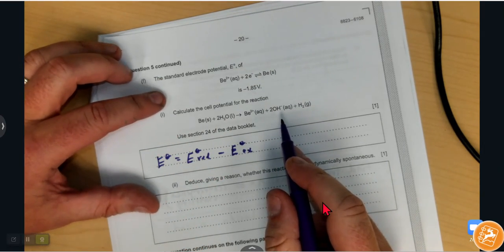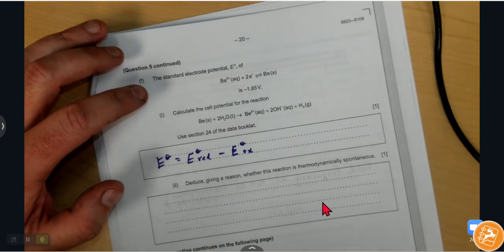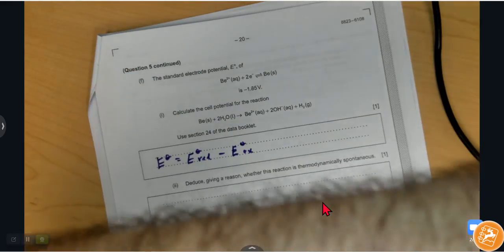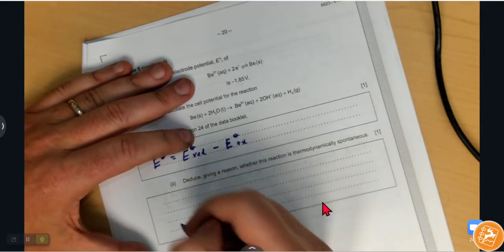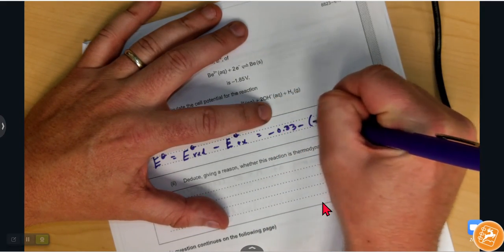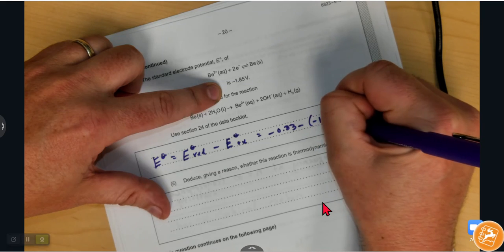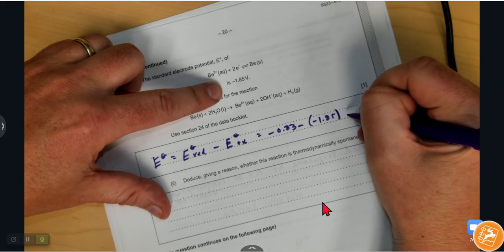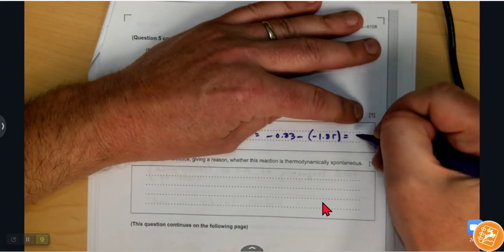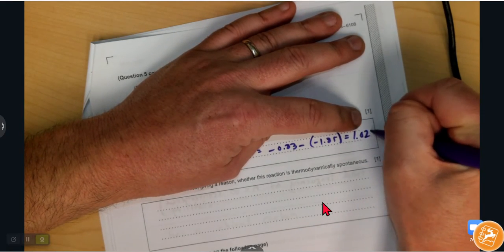So it'll be water being reduced. Let me just find this value. All right, so that is -0.83 minus that for beryllium, which is -1.85. When you do all the math, it gets 1.02 volts.